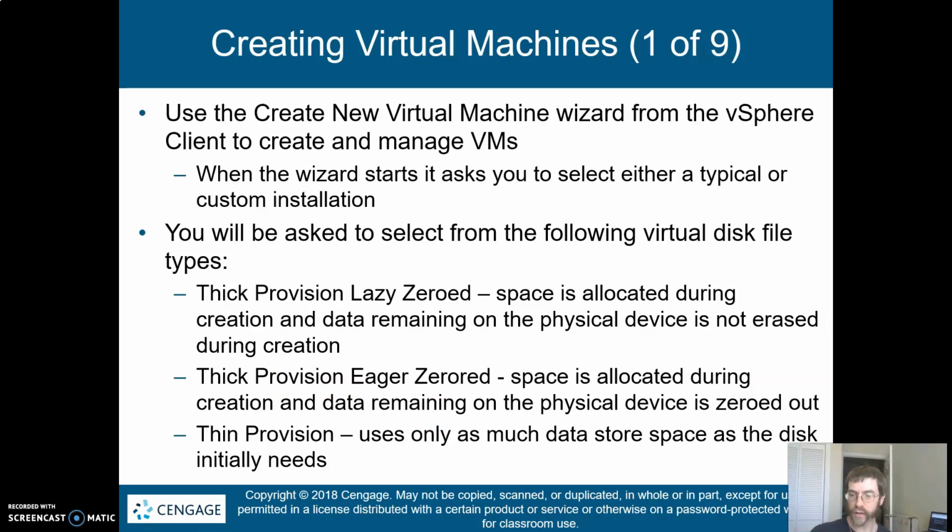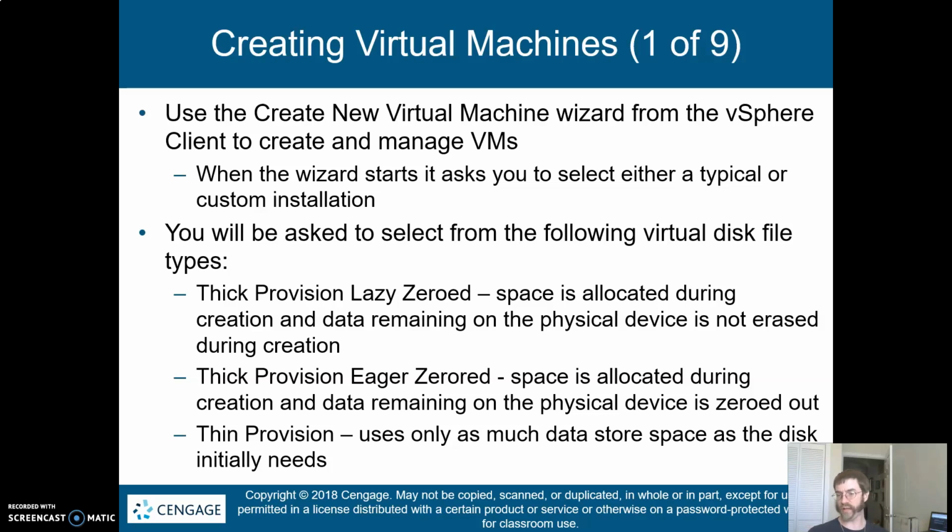Thin provisioned, you will only have as much space as it actually needs. Thick provisioned, eager zeroed is going to allocate all that space, and all the remaining space is zeroed out when it's created. So with eager zeroing, thick provisioned, that virtual disk is going to take a little longer to build, but it will not take longer to use.